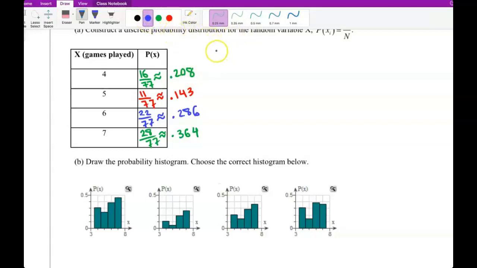So finding mean. That was equal to the sum of our value times probability of x. So this is equal to, here is x and here is p of x, so 4 times 0.208.